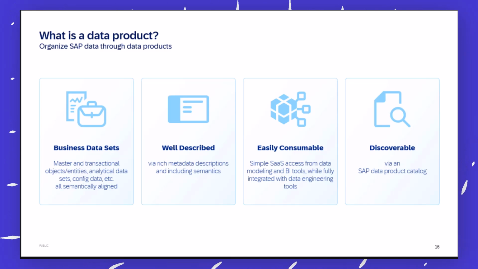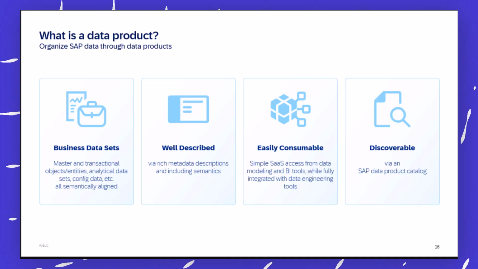From this catalog, you can discover all the data products which are available as part of your landscape. And from an outside point of view, there is something called the Business Accelerator Hub. Using this tool, you can see, from an LOB point of view, what data products are released by SAP for each LOB. Okay, so that is about the data product.